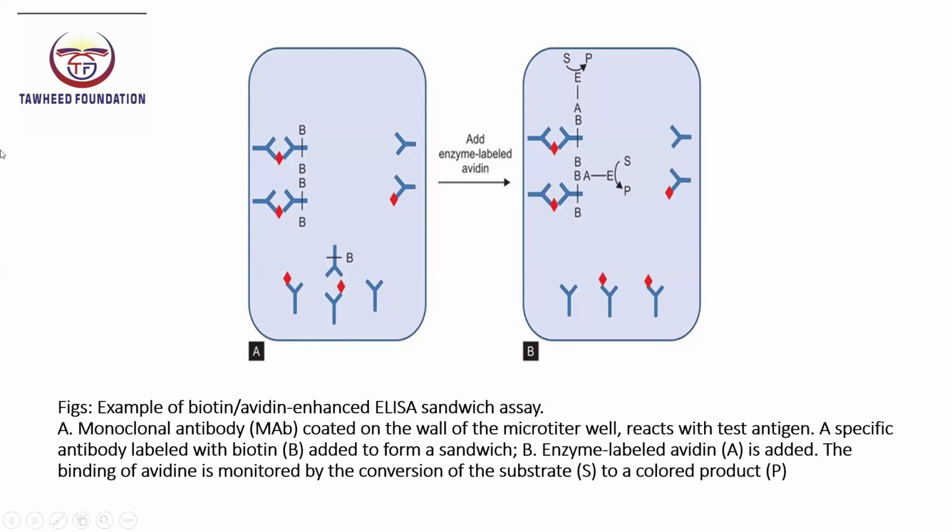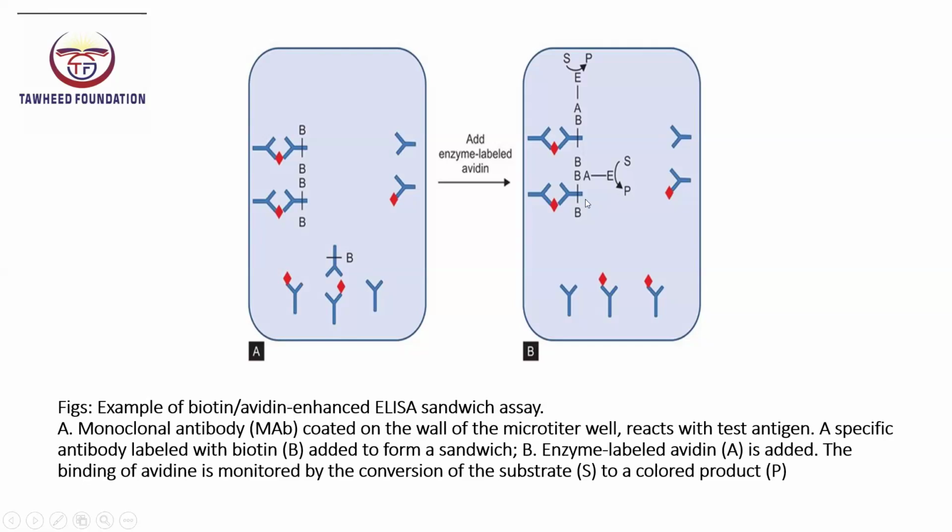So in figure A, monoclonal antibody is coated on the microtiter well wall. The test sample containing the antigen is added, allowing antigen binding. Then a biotin labeled secondary antibody is introduced, forming a sandwich complex, which is capture antibody, antigen, biotinylated antibody. In figure B, enzyme labeled avidin is added, which binds strongly to the biotin moiety.